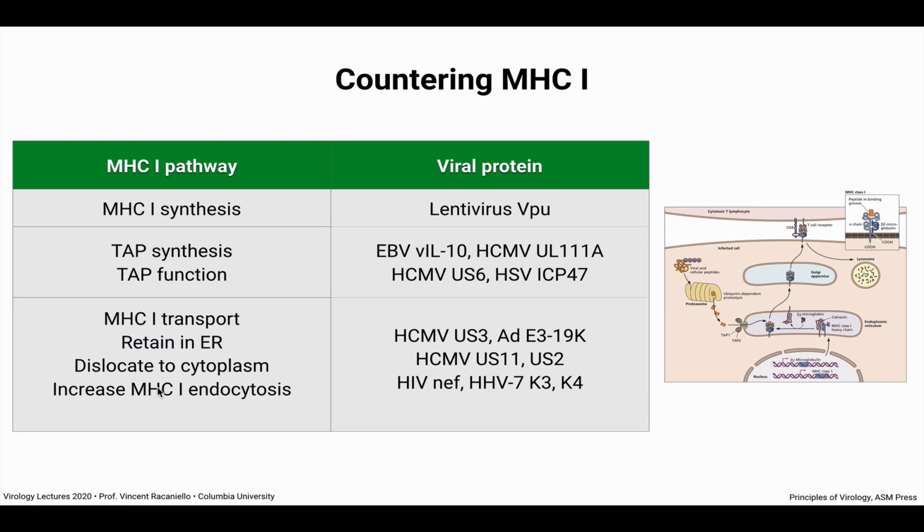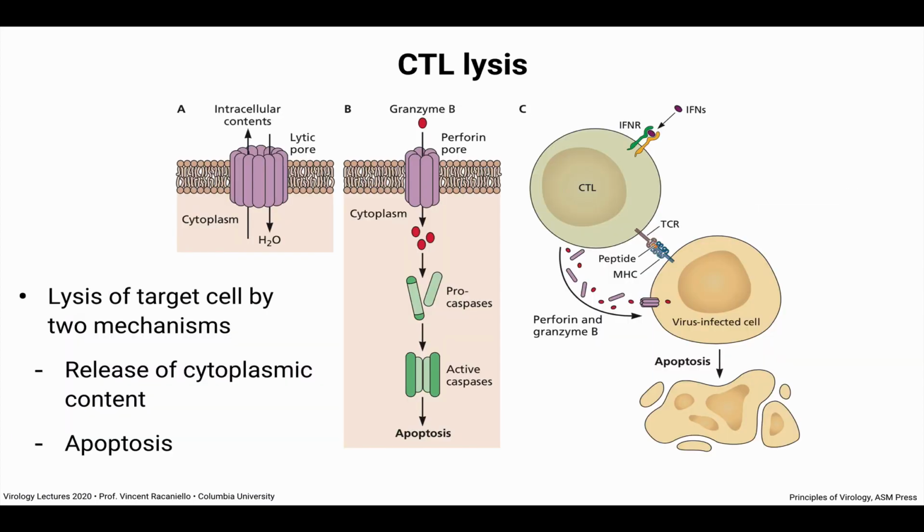Can't ever get to the plasma membrane. And then sometimes the viral protein lets all of this happen. You get MHC1 on the surface with a peptide, and then it's pulled into the cell and degraded. Increase MHC1 endocytosis. So a couple of the devious ways that viruses counter MHC1 so infected cells are not killed.